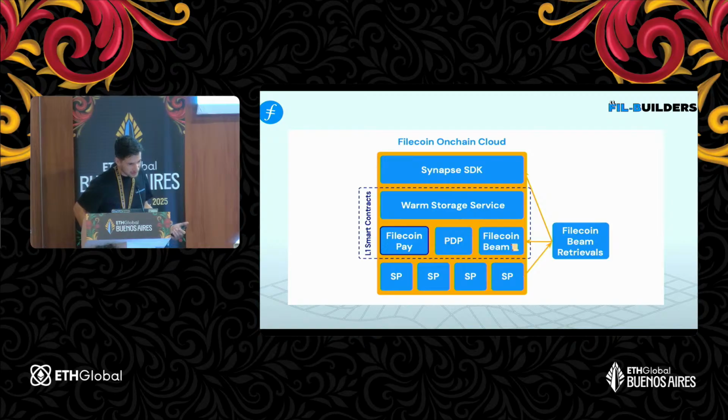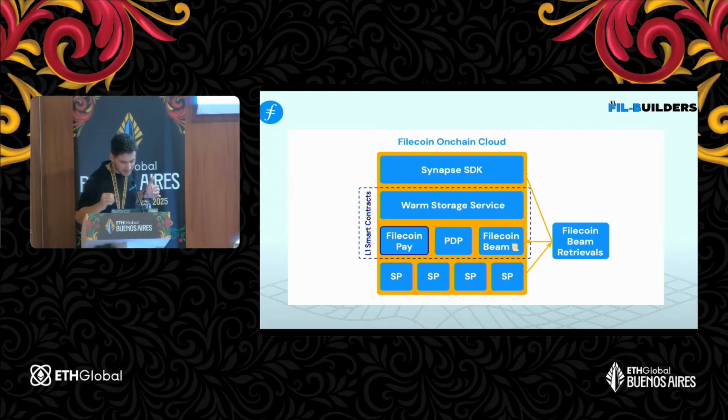So here is a wagmi version of the architecture, and you can visualize it as the SPs are the storage providers. Then you have the orchestrator, which is the warm storage service that manages the payments between the clients and the storage providers.